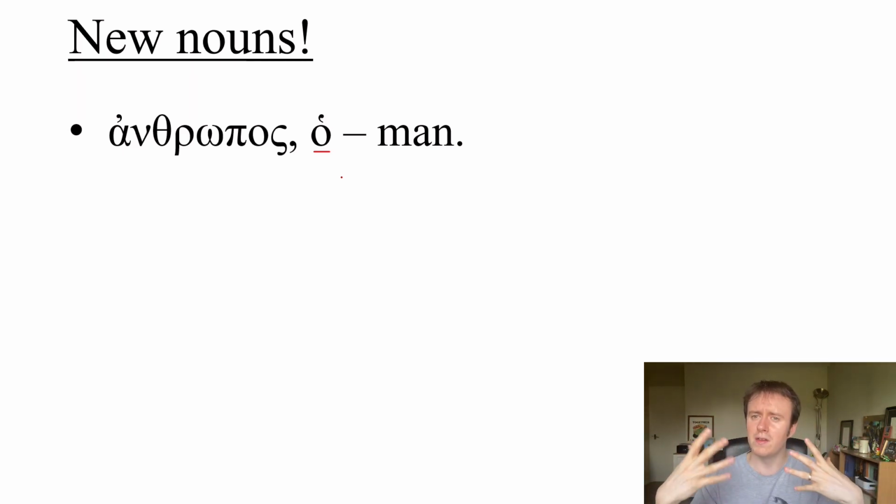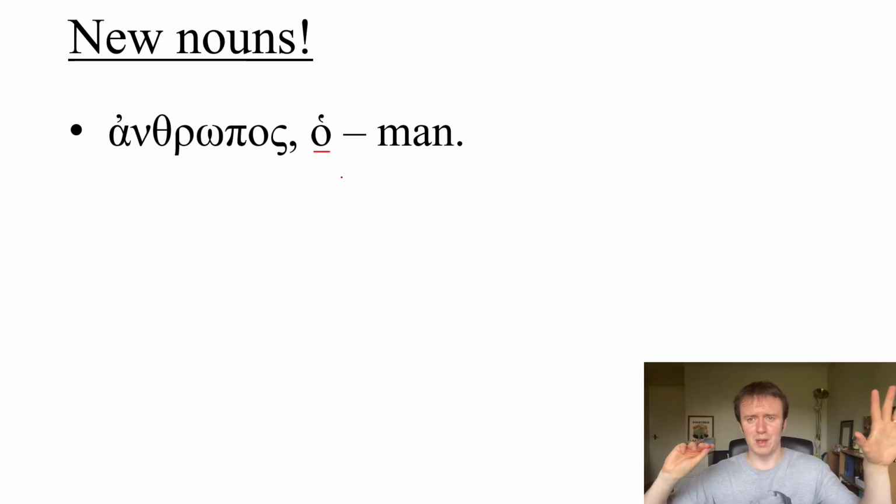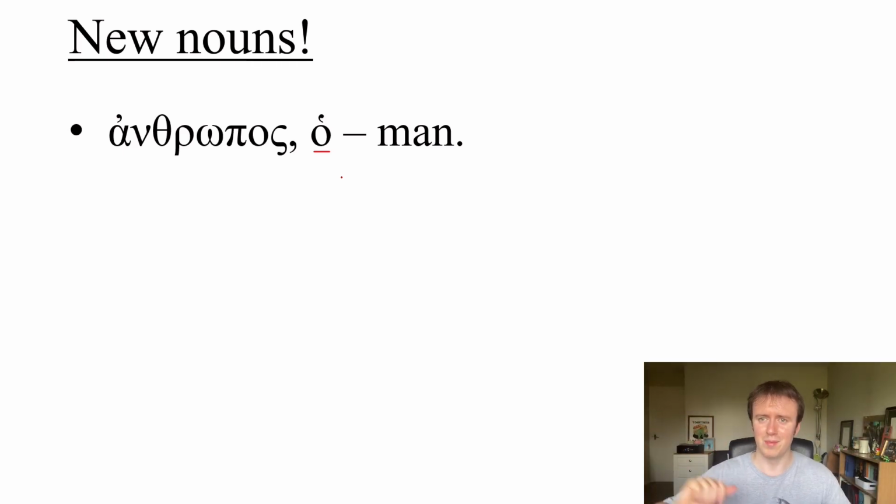It means man in the general sense, like in the word mankind. You can think of it as meaning man in contrast to the gods, or in contrast to wild beasts. There's the gods, there's the wild beasts, and there's man. So an anthropos is a man in the sense of a human.